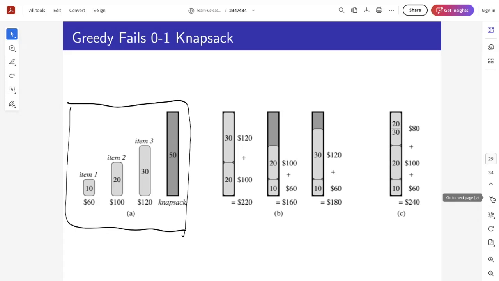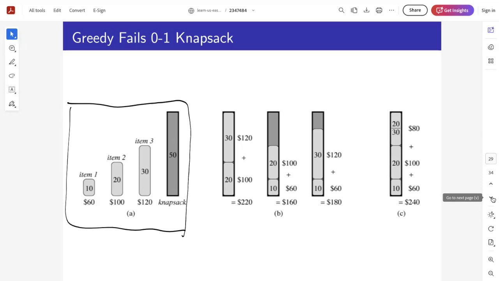Item 1 weighs 10 pounds and has a value of $60, item 2 weighs 20 pounds and has a value of $100, and item 3 weighs 30 pounds and has a value of $120.